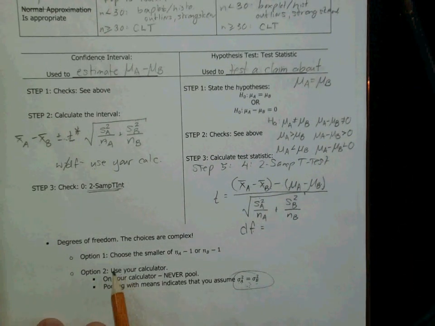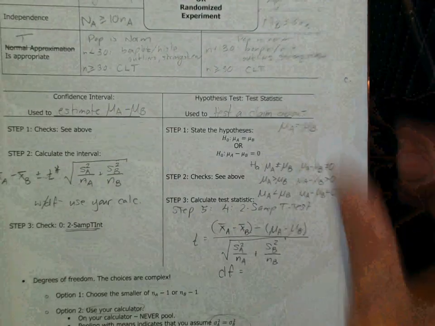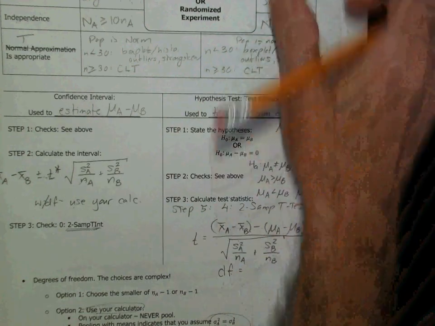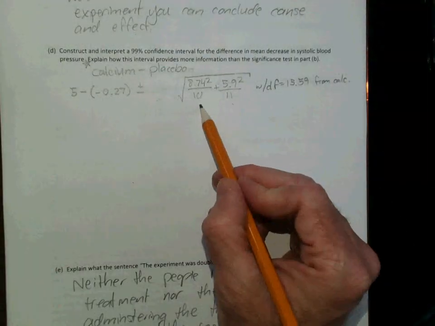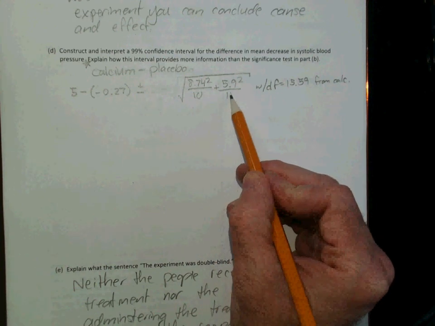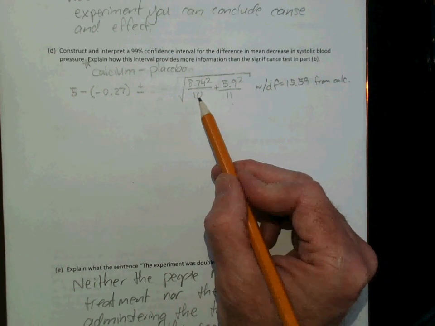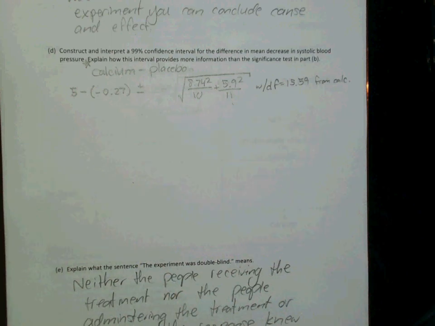You could use the calculator, which is 15.59, or you could use the smaller of n_A minus 1 or n_B minus 1, so that would be 10 minus 1 or 9, or 11 minus 1 or 10. So you would use 9. So one option is to use degrees of freedom of 9.